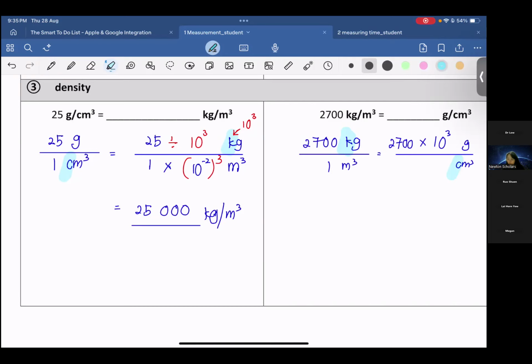Non-prefix goes to prefix, we use divide. 1 divided by 10 power of negative 2 cubed, because here it is cm cubed. If you do your calculation correctly, this answer should be 2.7.